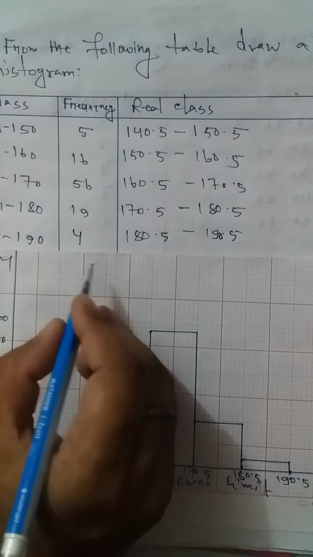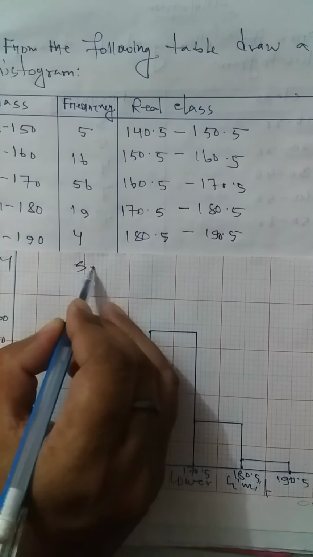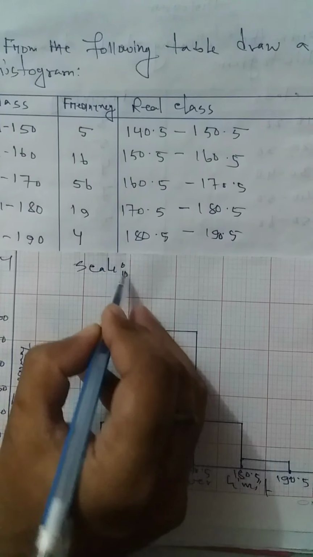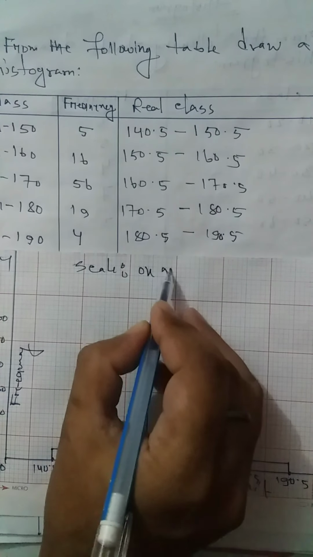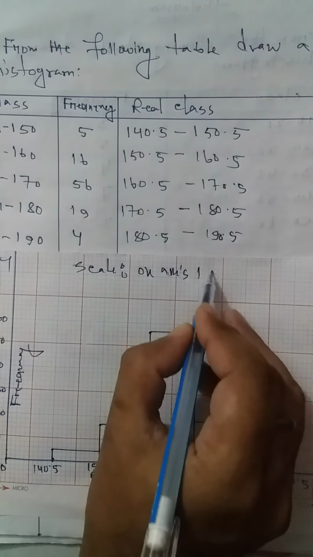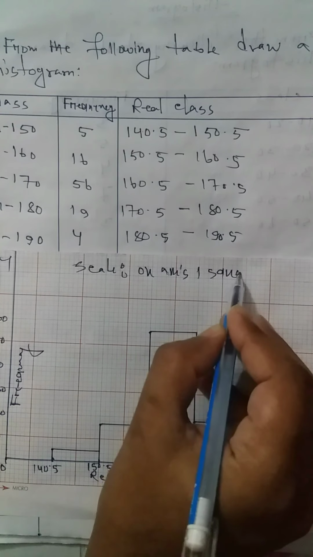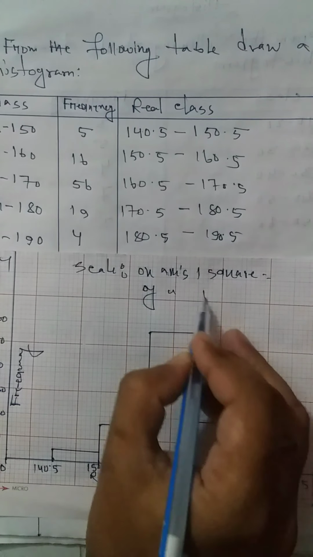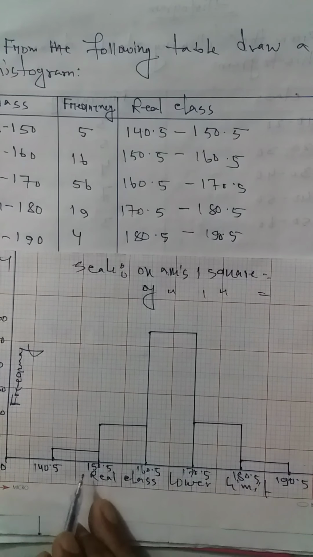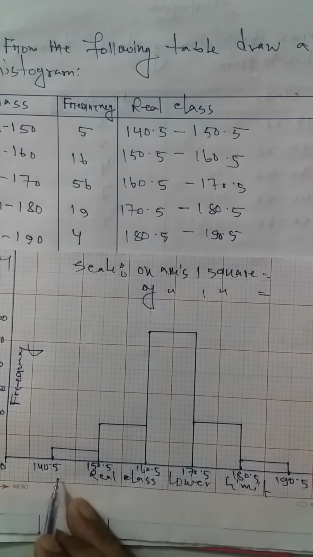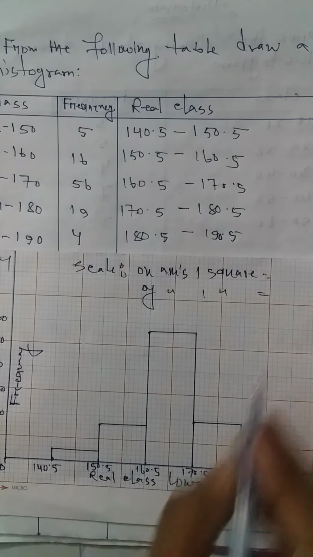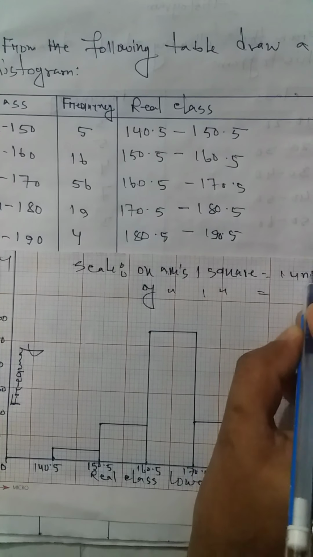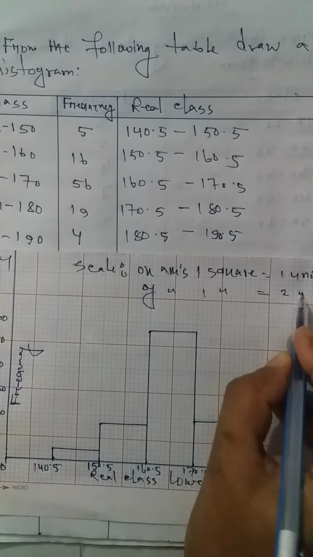So now we can write a scale. On the OX axis, 1 square is equal to 1 unit, and on the OY axis, 1 square is equal to 2 units.